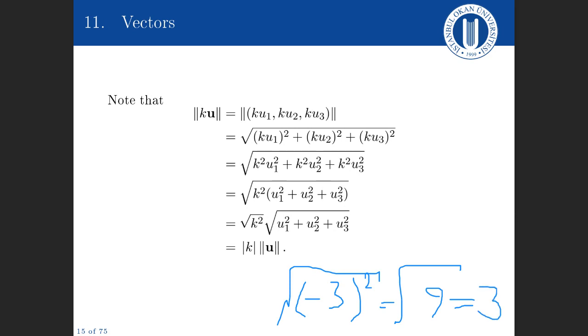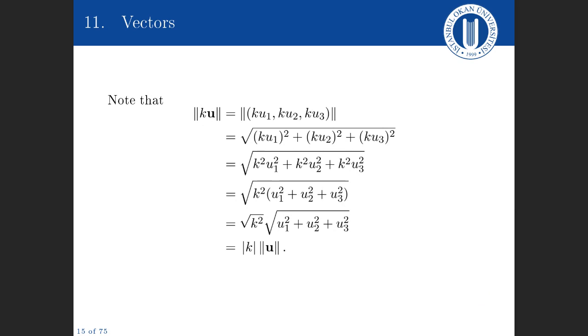So we're ending up with the absolute value of k. And what is the square root of u1 squared plus u2 squared plus u3 squared? That's just the norm of u. So the formula is that the norm of ku is equal to the absolute value of k multiplied by the norm of u.